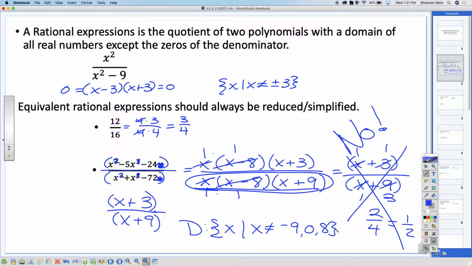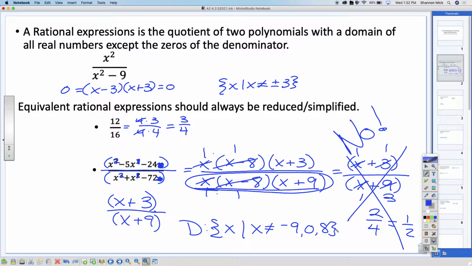Where do I get the 0? Because there's an X in the front. Again, the only one of these three that would be a vertical asymptote would be the negative 9. Remember how I told you that every exclusion would be in your domain, but it wouldn't always be in your vertical asymptotes. What happens is we reduced out the 0 and the 8, didn't we?